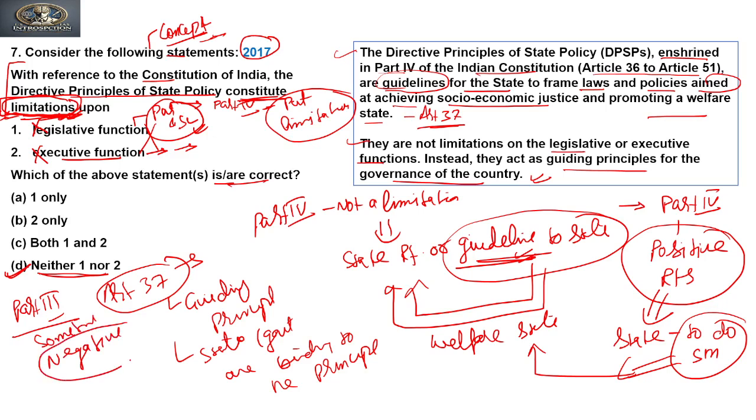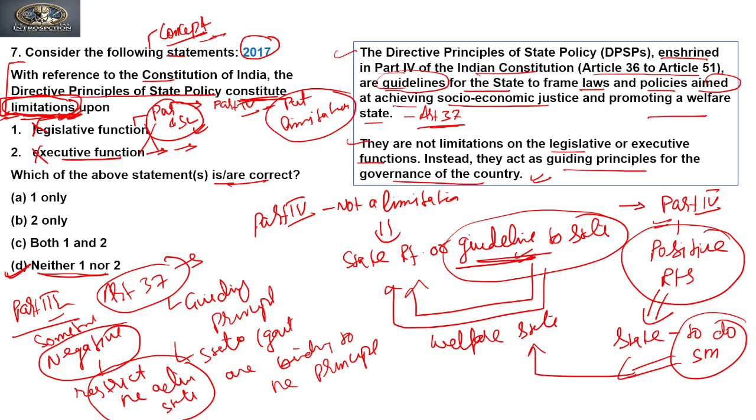Because it restricts the action of the government or state. It puts limitations on the state. But unlike Part Third, Part Fourth is a positive right. It is not putting restrictions. Rather, it is allowing the state to do something to achieve socio-economic justice or to promote a welfare state.